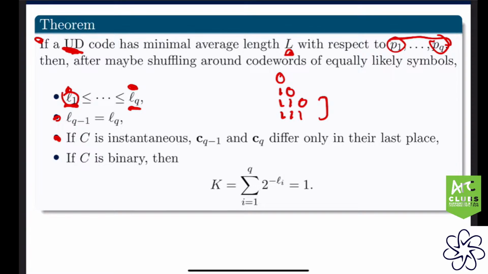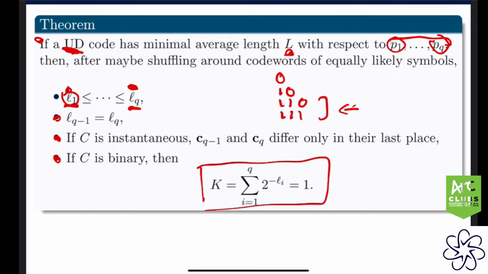If C is instantaneous, then C(q-1) and C(q) differ only in their last place. That also makes sense by looking at this standard comma code. And then if C is binary, then the Kraft-McMillan sum is equal to 1.